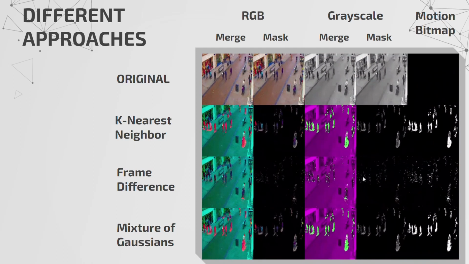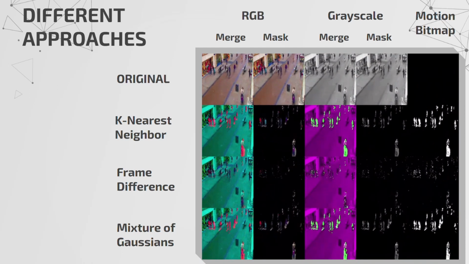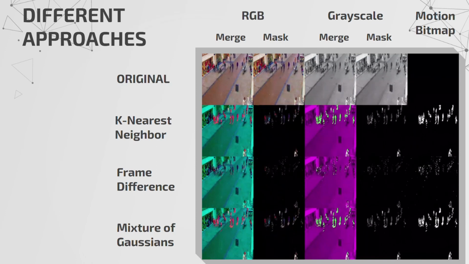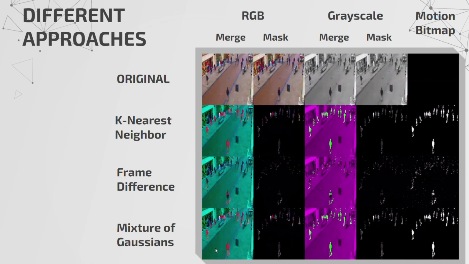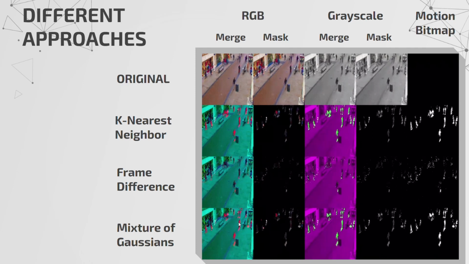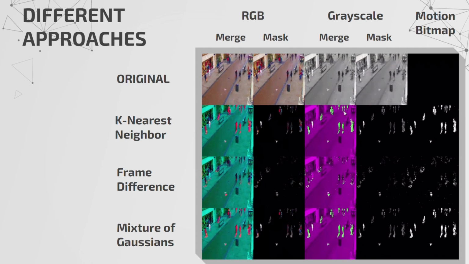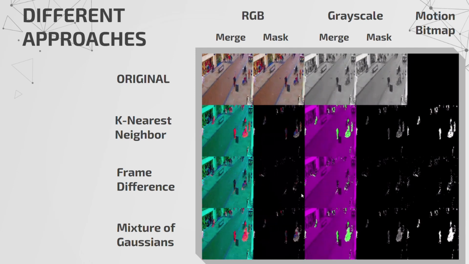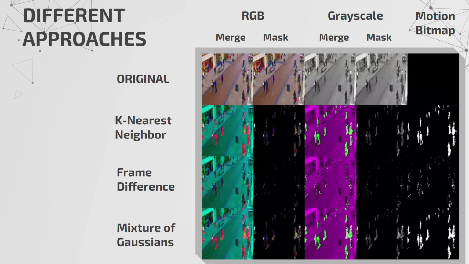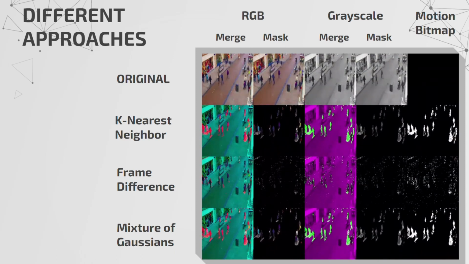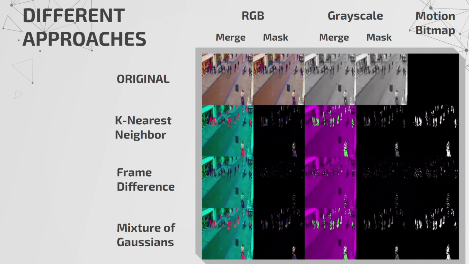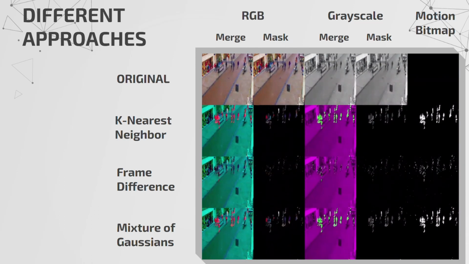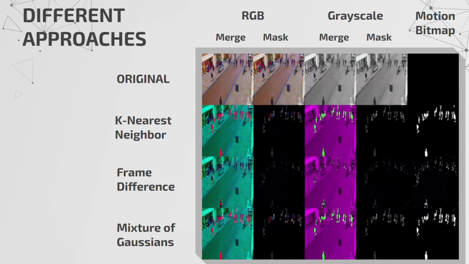So for example, here we can see RGB images which have three channels and then a fourth channel which is this motion bitmap. Or for grayscale images, again, we have an output that is composed of two channels, and here we can see the two different channels, the original grayscale image is represented here in the purple channel, and then the motion bitmap is represented again in the green channel.